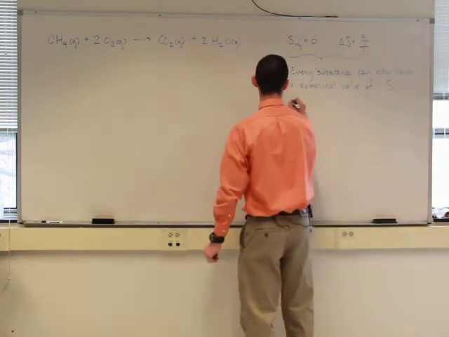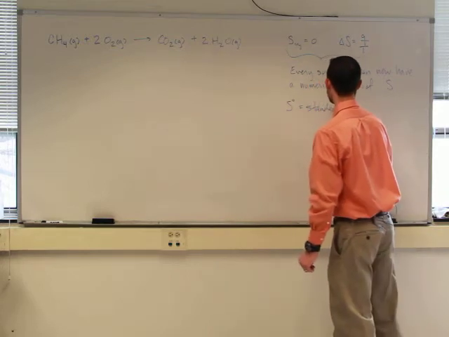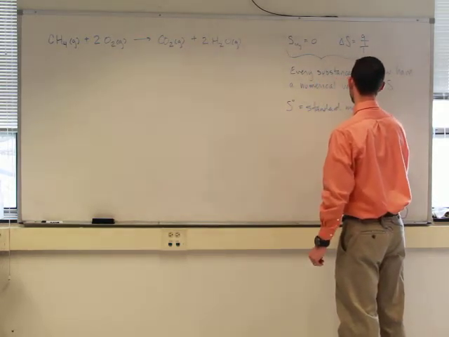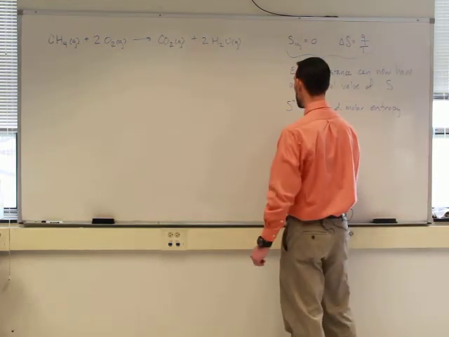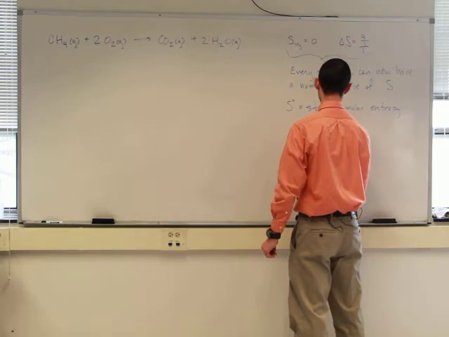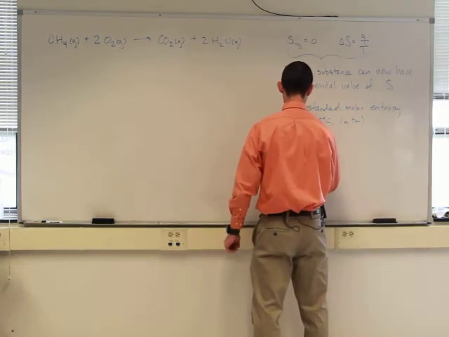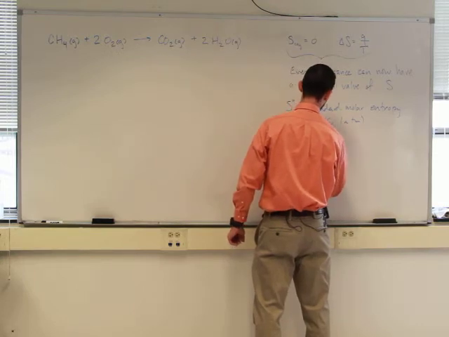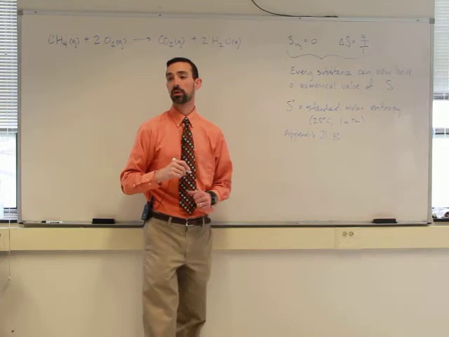This value we call the S0, the standard molar entropy. It's going to be the entropy at 25 degrees Celsius and 1 atmosphere. And these are listed in Appendix 2B in our textbook.